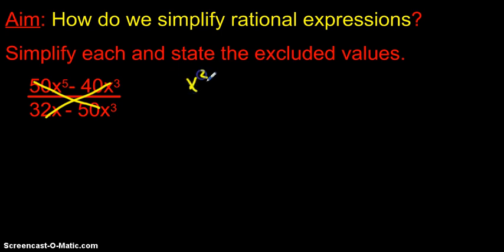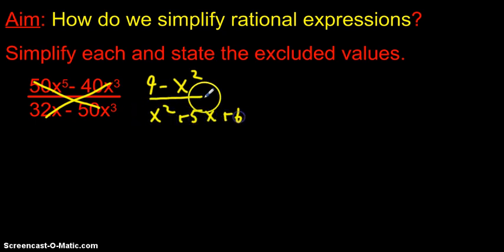Let's say we had 9 minus x squared over x squared plus 5x plus 6. That's more along what I was looking for.